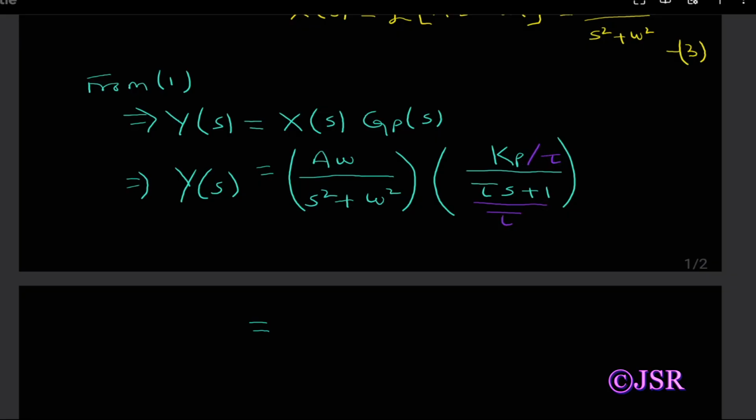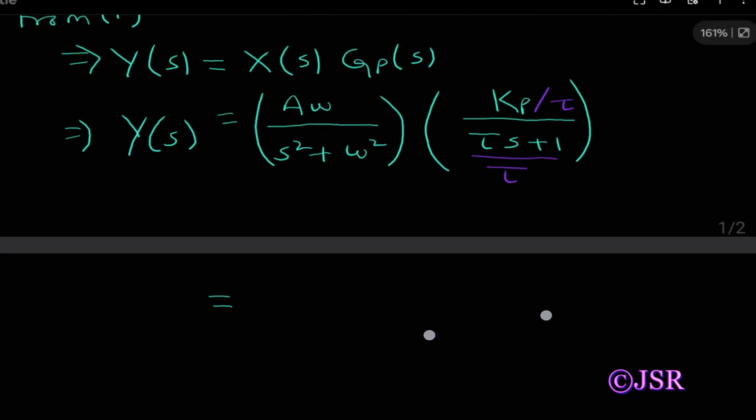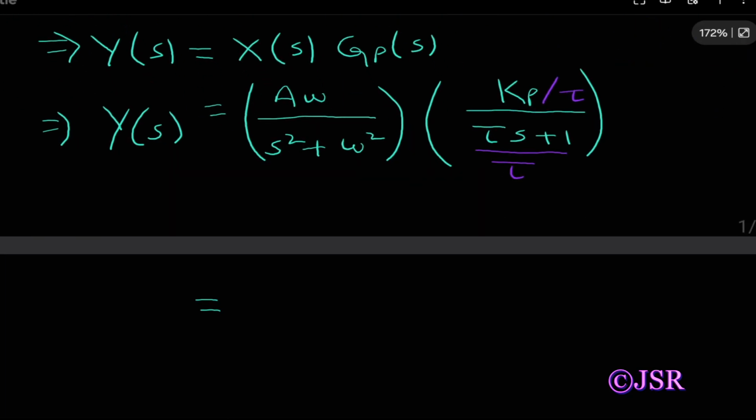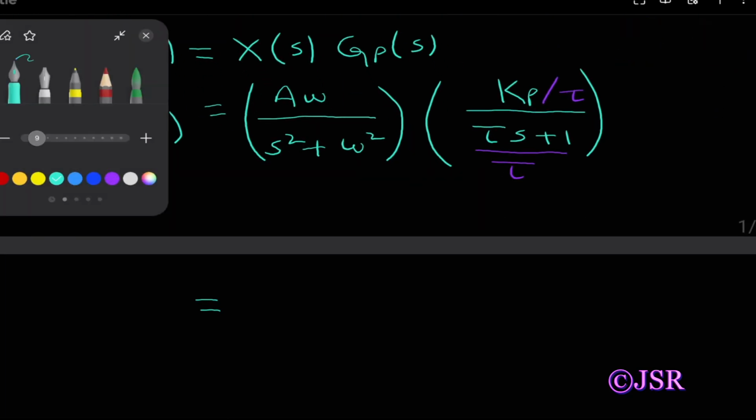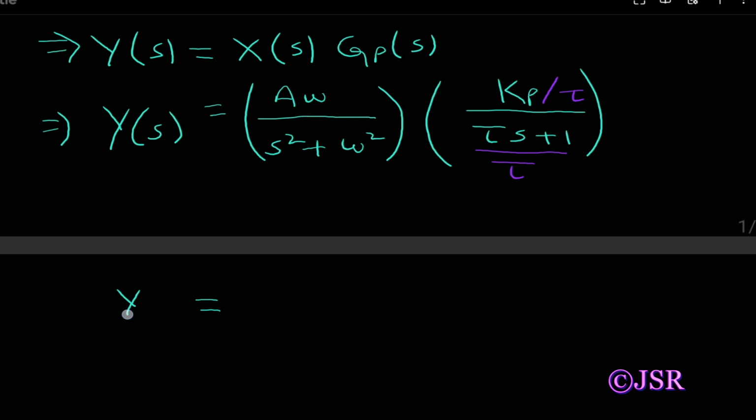So to make the coefficient of s unity, divide the numerator and denominator by tau.